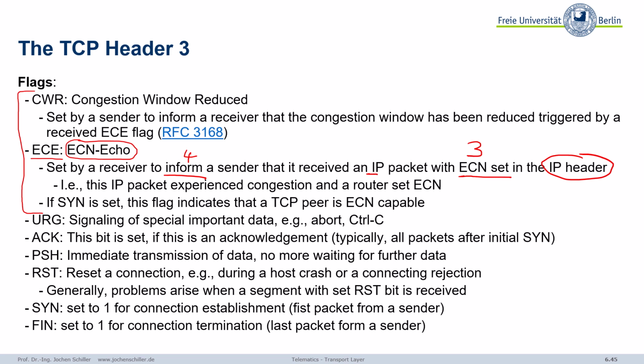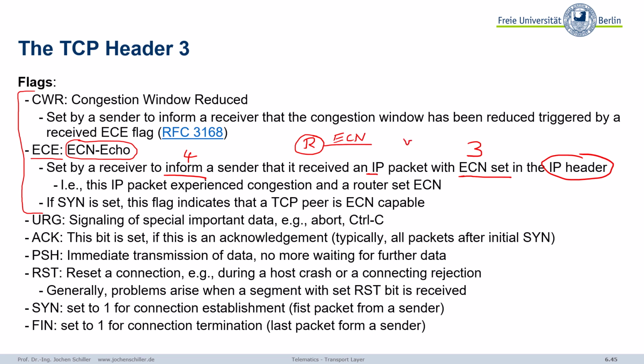I won't go into details, but for now, if a router sees that there is some congestion, it can set these bits in the IP header and give the system, the receiver in this case, an early congestion notification.